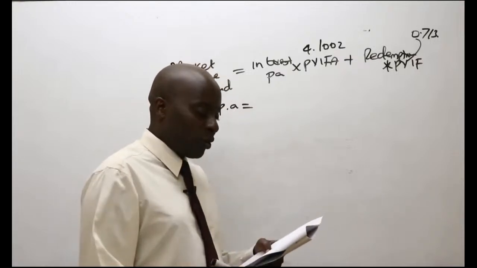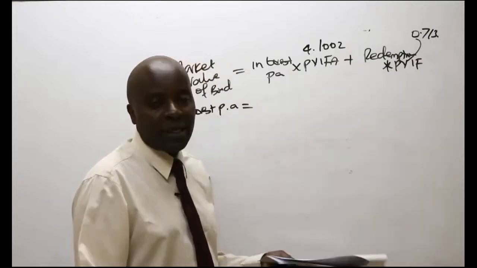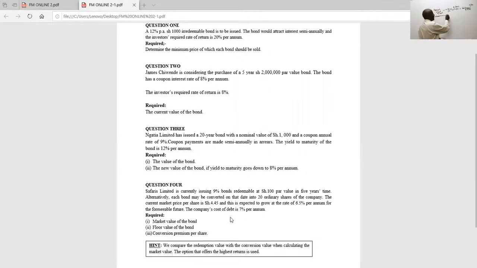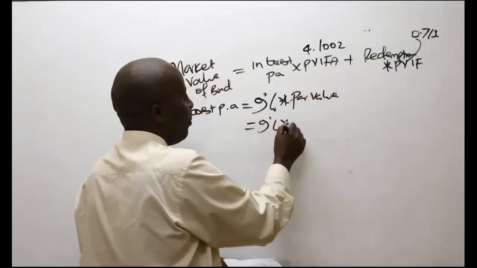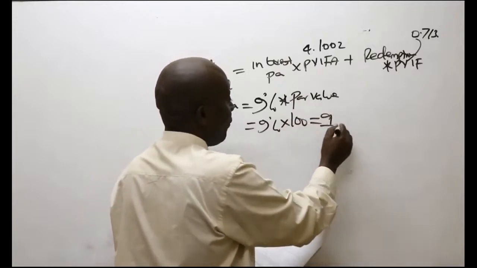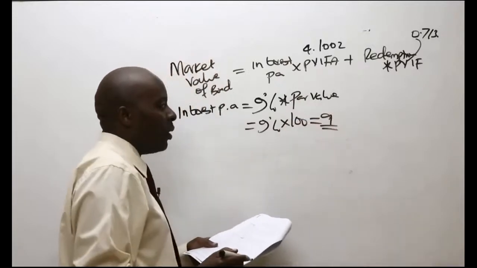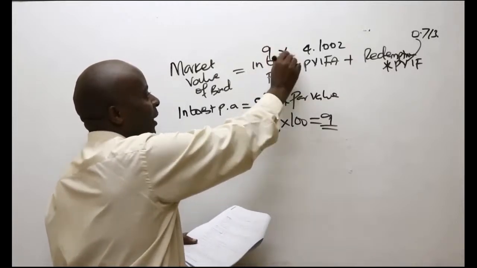If you read that question very well, they have told us Safaris Limited is currently issuing 9% bonds. So it is 9% of the par value. Don't forget that. So this will be 9% of our par value, which is 100, which will give us 9. So fix this figure somewhere here. The interest per annum is 9.